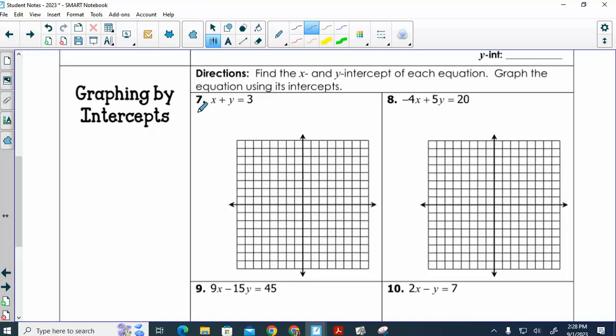So if I find the x and y intercept, so for my x-intercept, if I put in a 0 for my y, I get x equals 3. So that would be the point 3, 0. If you want to graph that, you are plotting the point 3, 0. It's on the x-axis because it was my x-intercept.